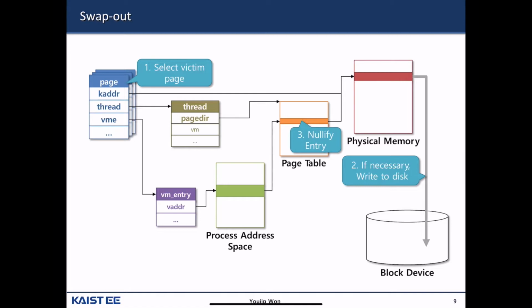If it's an anonymous page, then the given page will go to the swap space. If it's a page from a memory-mapped file, then it'll go to the file. And then it goes to the disk. And then, because the associated physical page frame has been released, we have to nullify the entry. Okay, so that's the process of swapping out a physical page.